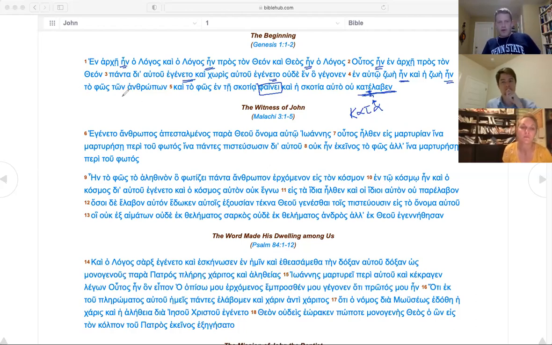Ton anthrōpōn. You translate that one. The life was the light. Nice predicate nominative. Ton anthrōpōn, of the man. Yeah, a genitive of men, or of mankind, or of humankind.